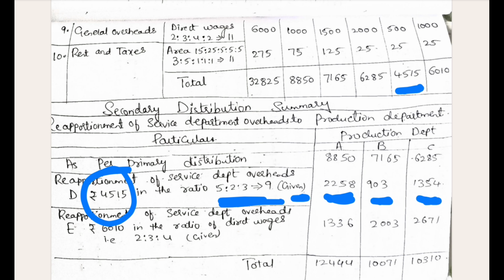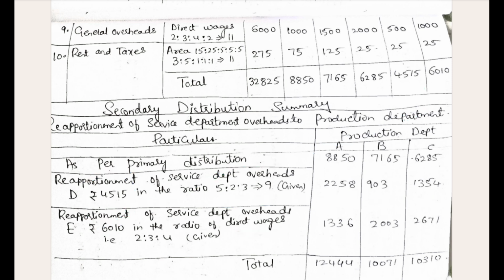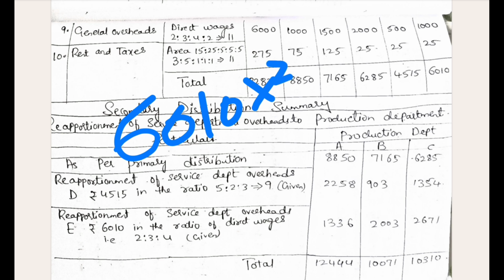Now reapportionment of the service department's 6,010: we have to apportion it on the ratio of direct wages, 2:3:4. How much amount did we get? 6,010 into 2 by how much total? 2, 3, 4, 9 total we are getting.